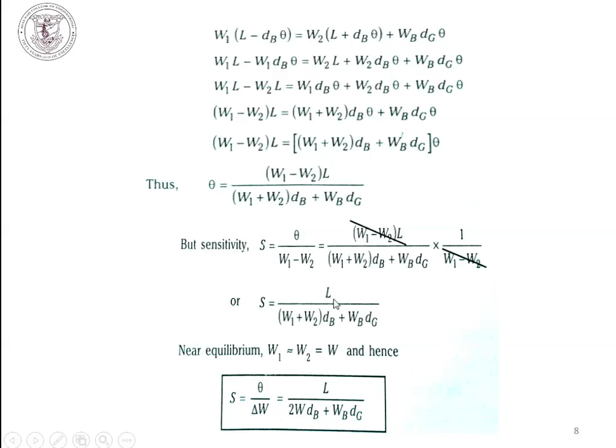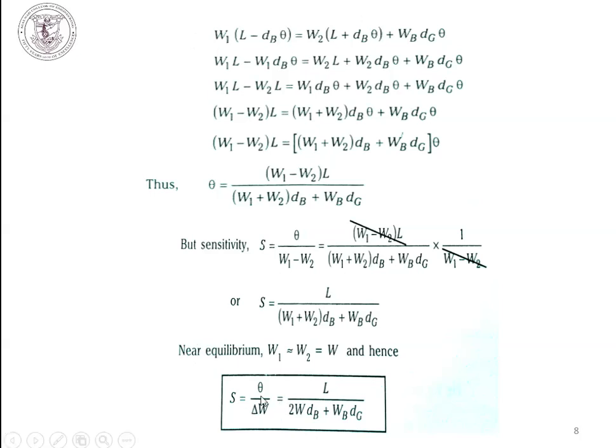The left thing is L divided by [(W1 plus W2) into dB plus WB into dG]. So in the equilibrium condition we say that W1 and W2 are the same, that is, we can consider them approximately equal to W.